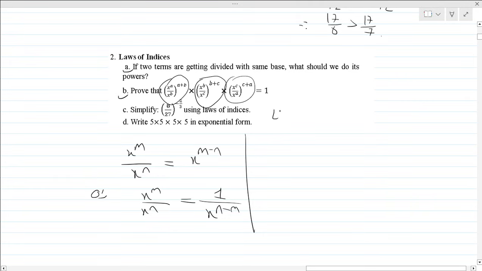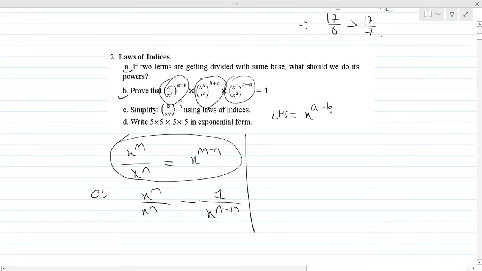So let's start with the left hand side. From this side we start, and we use the rule: when two terms are getting divided, their powers will get subtracted. So here x power a by x power b. I'm doing this directly without copying the left hand side.